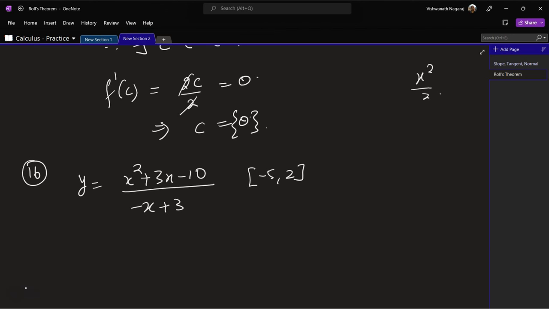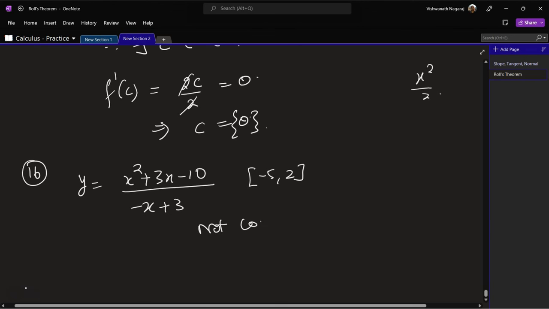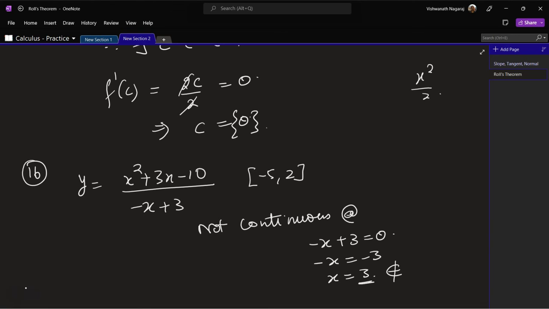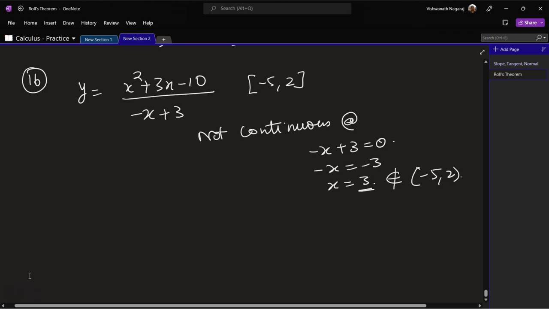Okay. Now we know that it is not continuous at minus x plus 3 equal to 0. That means minus x equal to minus 3, x equal to 3. But 3 doesn't belong to the interval minus 5 comma 2. Okay. So which means y is continuous in the closed interval minus 5 comma 2.